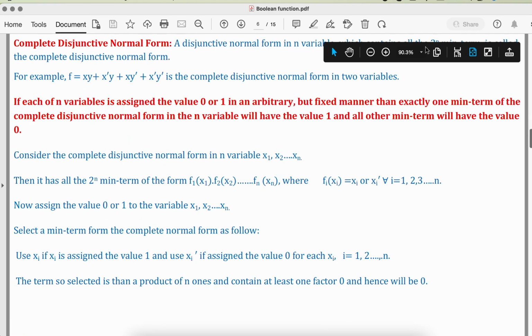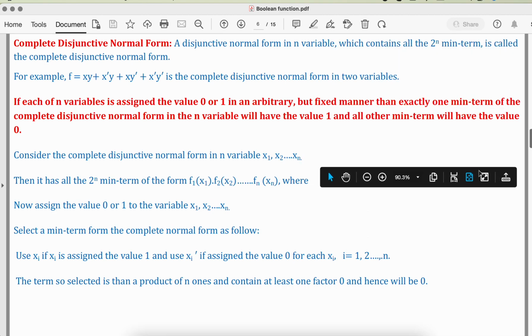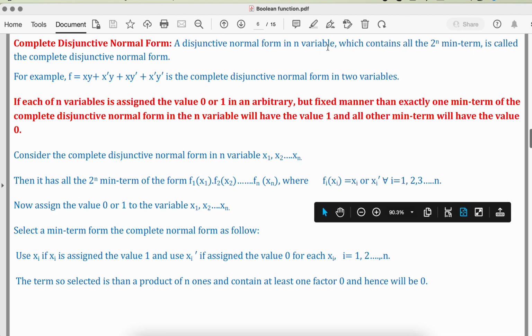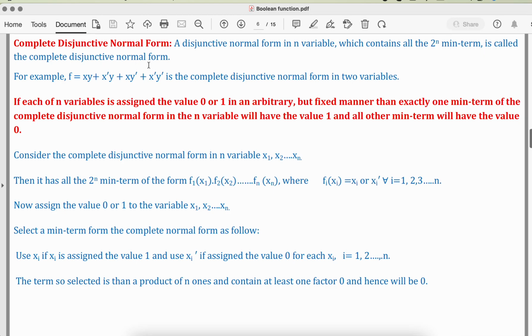Now what is complete disjunctive normal form? A disjunctive normal form in n variables which contains all the 2 raised to n minterms is called the complete disjunctive normal form. For example, if there are 2 variables x and y, then 2 raised to 2 means 4.